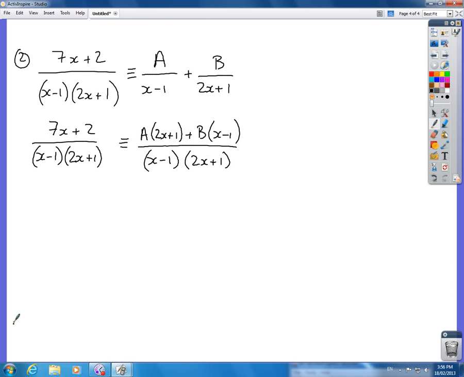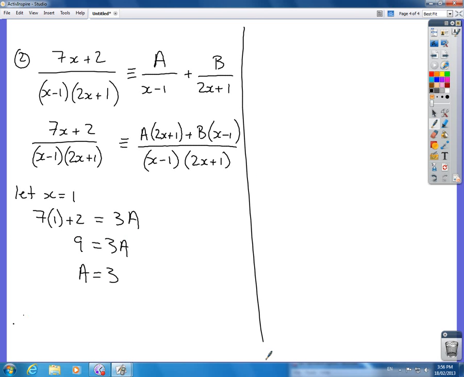Then just looking at the numerators, let x equal 1. And I get 7 times 1 plus 2 equals 2 times 1 plus 1 makes 3A plus 0B. So 7 + 2 = 9 equals 3A, A equals 3.